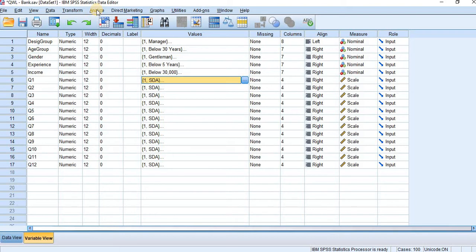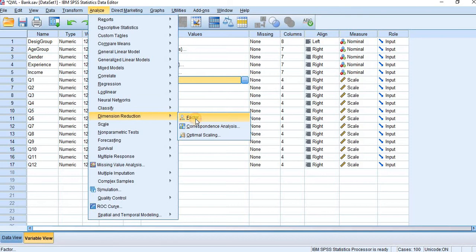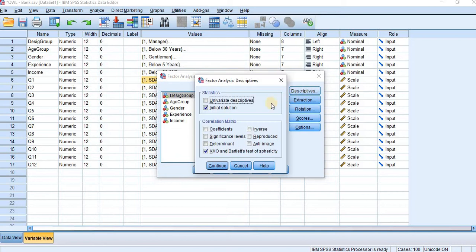In SPSS, go to Analyze, Dimension Reduction, Factor. First, we move all 12 variables to the variables column and we check descriptives. It should be initial solution and KMO and Bartlett's test of sphericity. This checks whether our data has adequate sample or not.